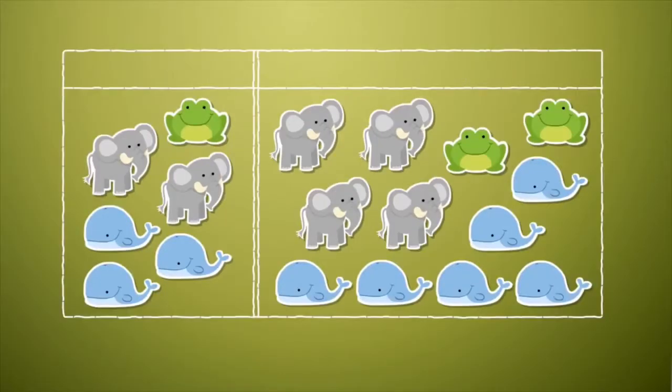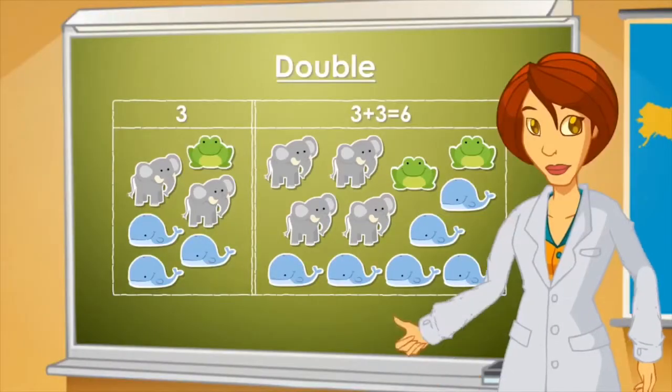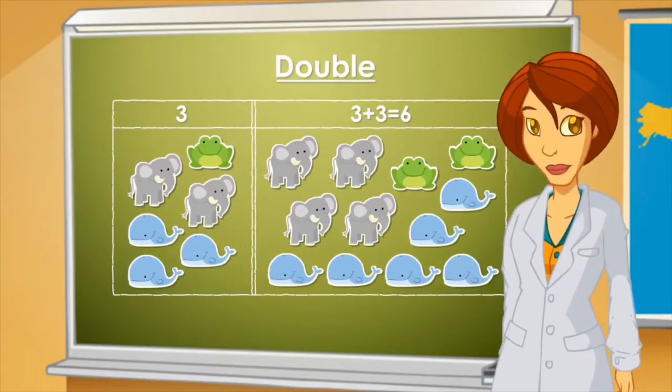What about whales, guys? The same thing, right? We've got 3 whales, we add 3 and we get 6. So 3 plus 3 equals 6. Very good, guys. So if I add the same number twice, I'll get the double of that number.